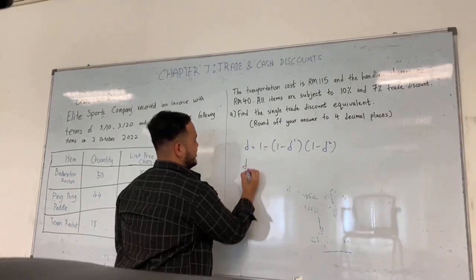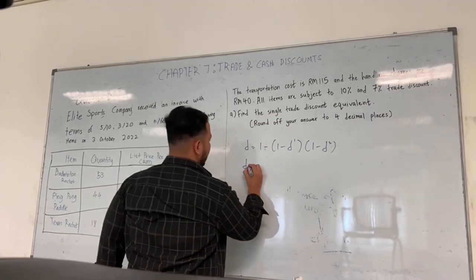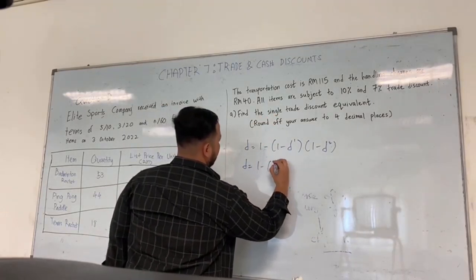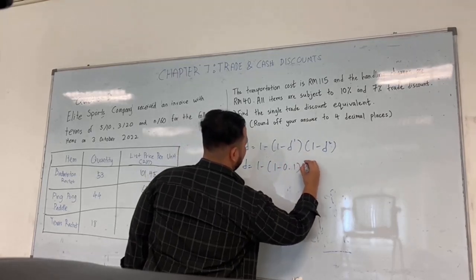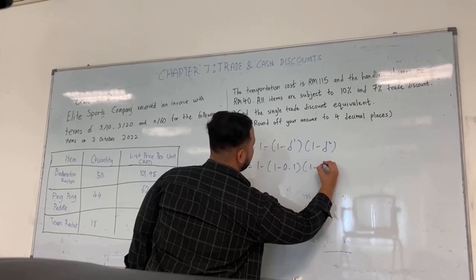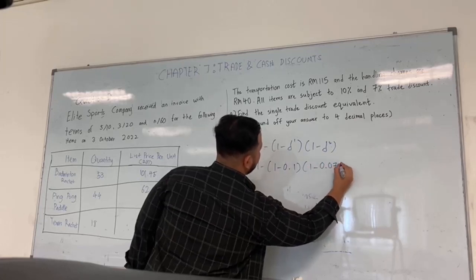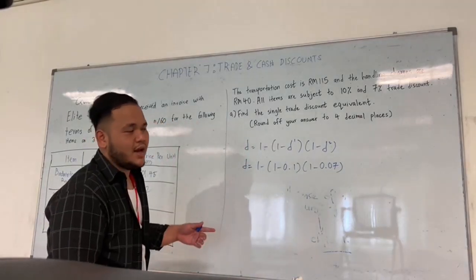Okay, just get all the trade discount. D equal to 1 minus 0.1 and then 1 minus 0.07. Just calculate it with a calculator and we get the answer.